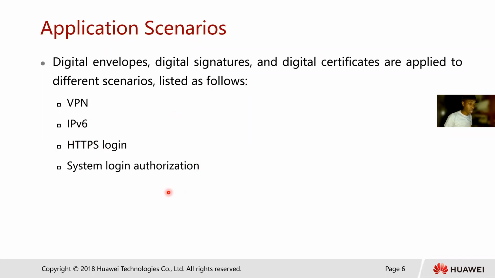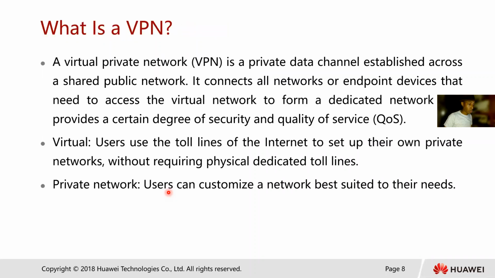Then also system login authorization, such as SSH login, takes advantage of this. I don't have to define what a VPN is. I believe all of you already have an idea because you've tried to use VPN for a number of things, for security, for trying to access data without paying for bundles.